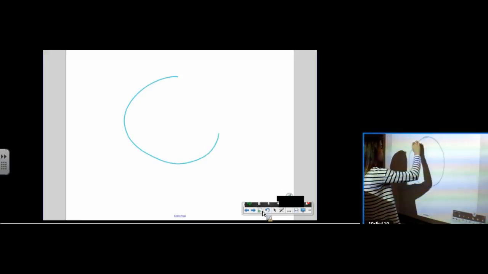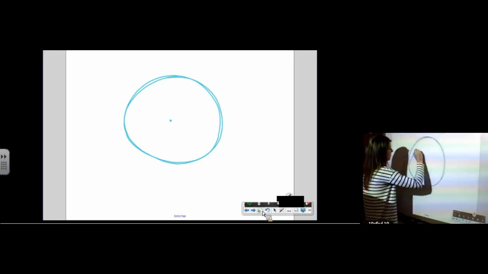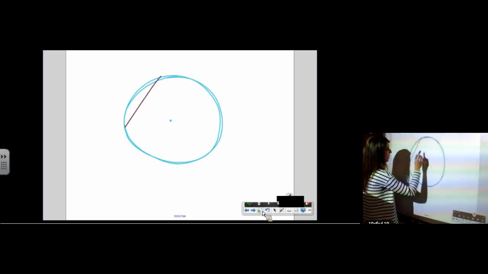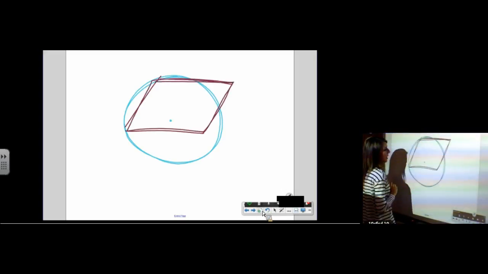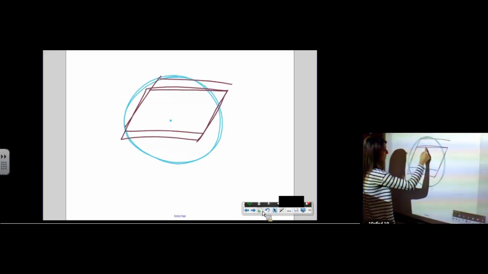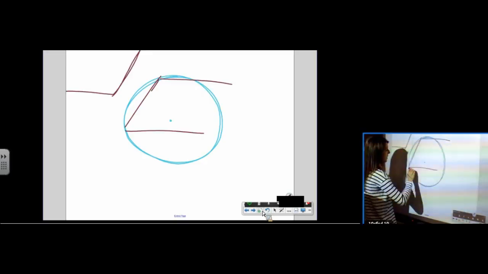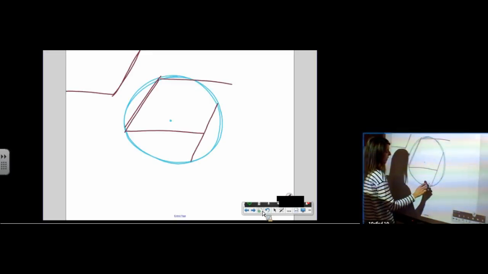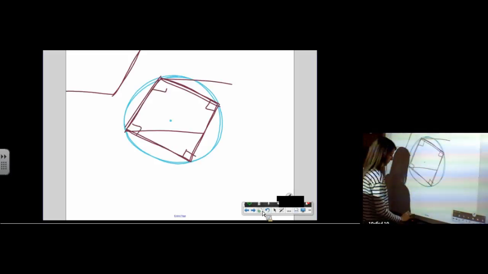Could you put just a plain old parallelogram, forgive my not perfect circle, trying to make it parallel, could I put a plain old parallelogram into a circle? I couldn't, unless the opposite angles were 90. I just couldn't do it. It wouldn't fit. The only way I could make this parallel to this, when I finally connected them to force it to stay in the circle, then I would have no choice but for them to be 90.